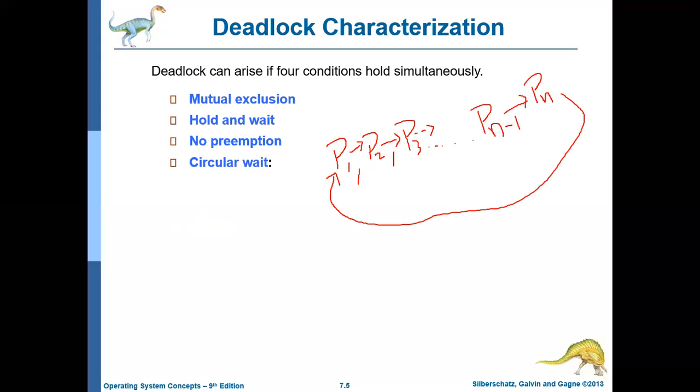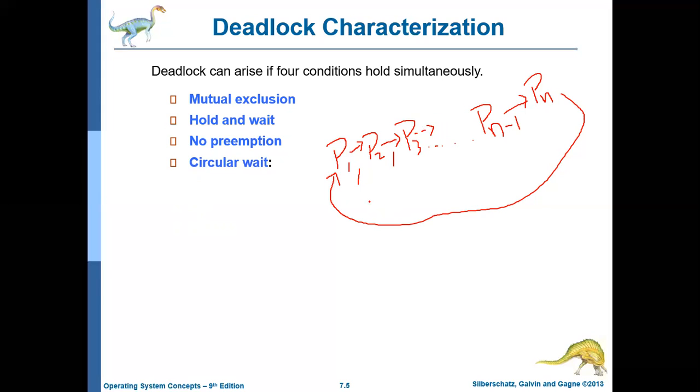So P1 is holding a resource and it is waiting for a resource which is currently held by P2. P2 is waiting for a resource currently held by P3. P3 is waiting for a resource currently held by P4. This continues. Pn minus 2 is waiting for a resource held by Pn minus 1, Pn minus 1 is waiting for a resource held by Pn, and Pn is waiting for a resource held by P1.